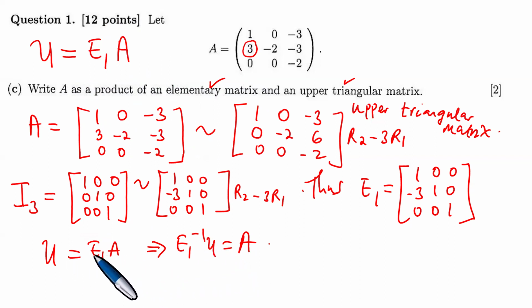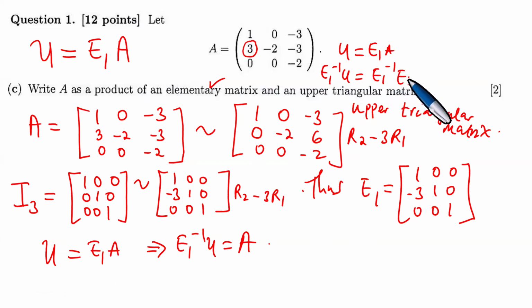In principle, I need to make sure this is clear enough. If in mathematics you have U = E1A, to solve for A in this equation, what we do algebraically is multiply the left by E1 inverse, but we must also multiply the right by E1 inverse, and we still have the A. This then means that you have E1 inverse U is equal to A, like this.